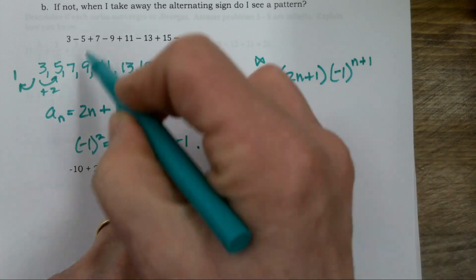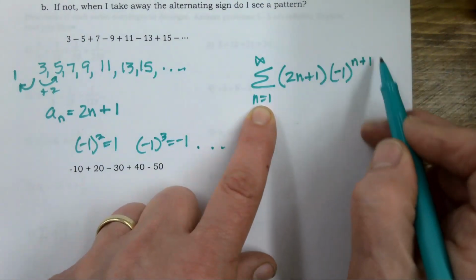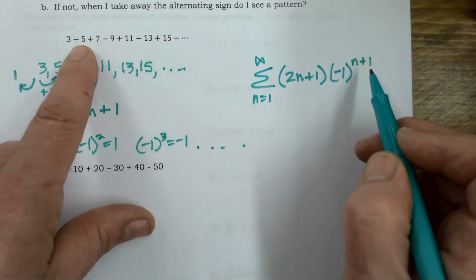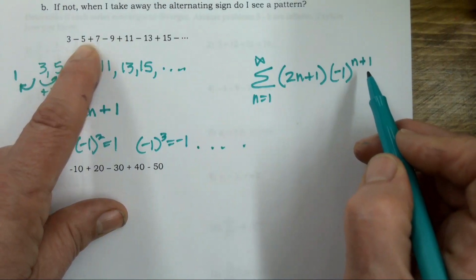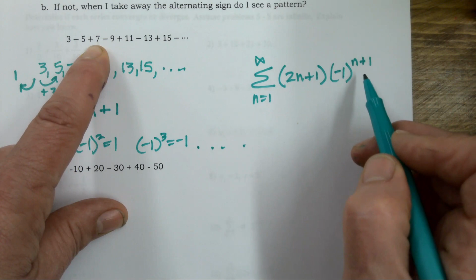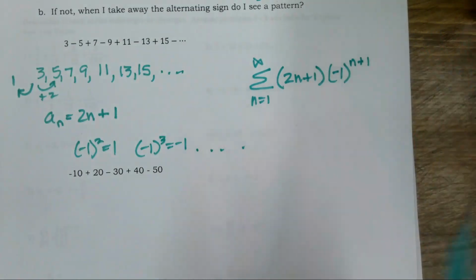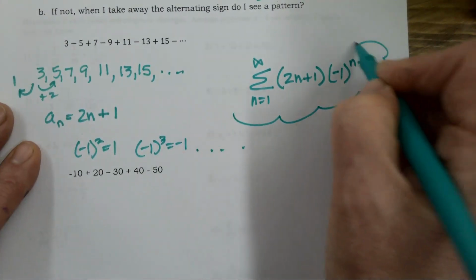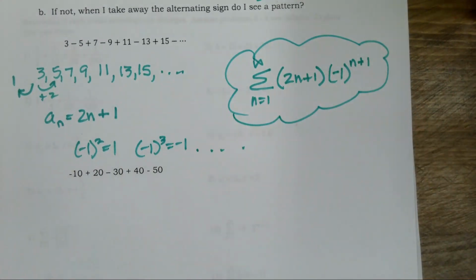Then when I plug in 2, to get my second term, I'll have a power of 3. That'll make the second term negative. When I plug in 3, I'll have an even term again. It'll make the third term positive. And it'll continue in that fashion. So that's how I fake my non-geometric series into alternating their signs.